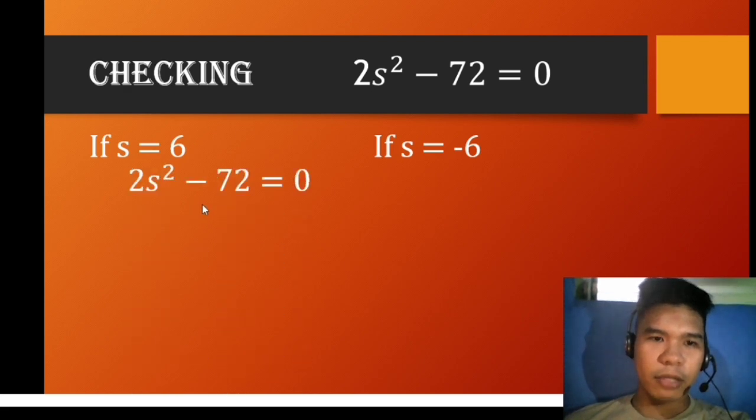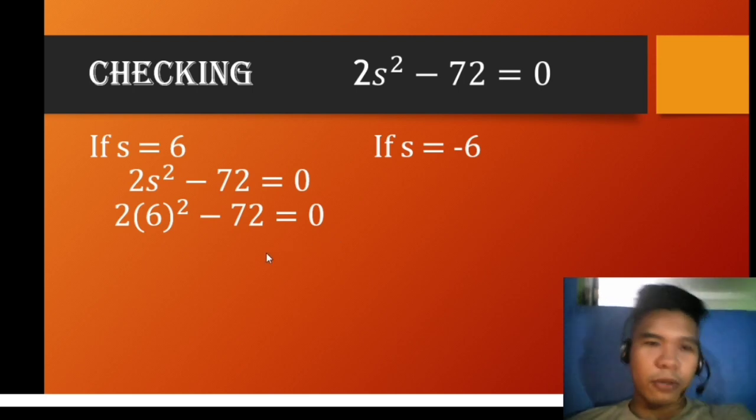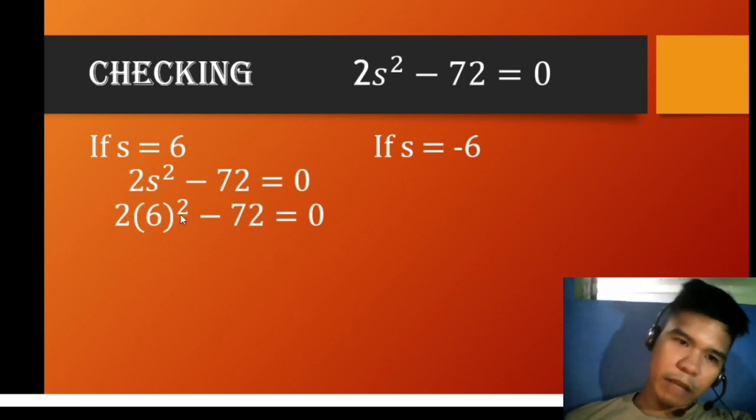Again, we need to substitute the value of s, 6, into this original equation. So this will become 2, you copy 2, and then s now will become positive 6, quantity squared, minus 72 equal to 0.